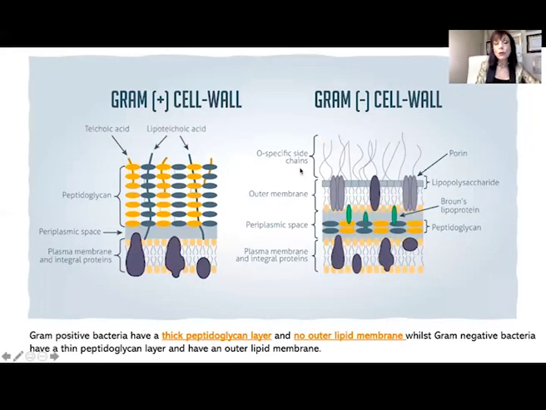Here you see the gram cell wall, and basically the gram-positive cell has a very large peptidoglycan layer, as you can see, compared to the gram-negative cell where the peptidoglycan layer is very small. So there is a whole different structure that gives the gram-positive result.